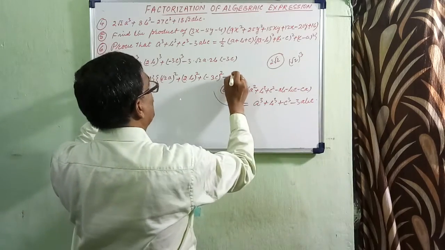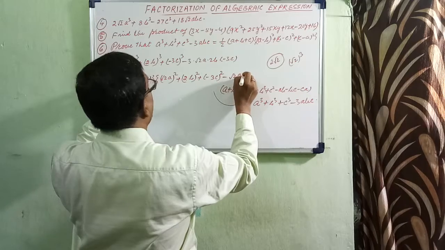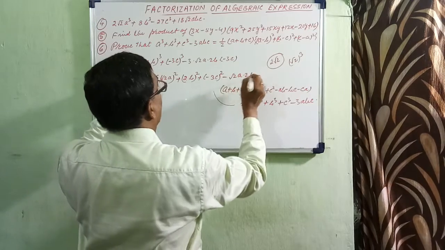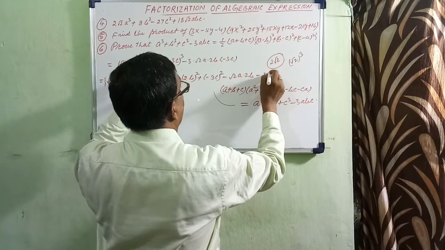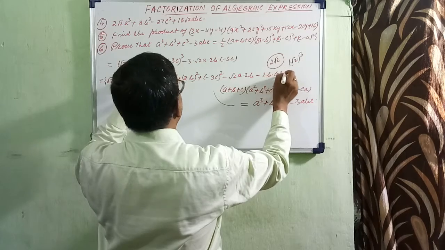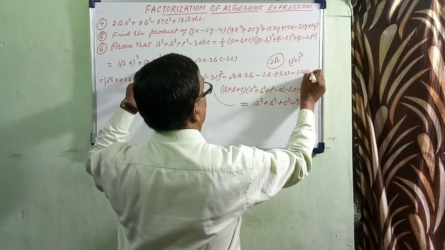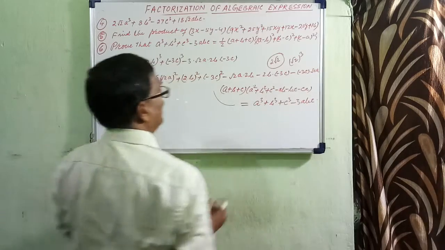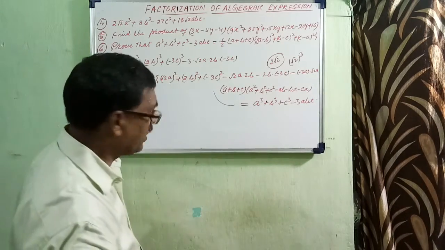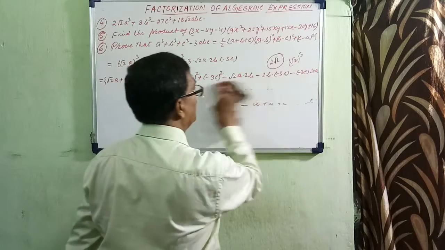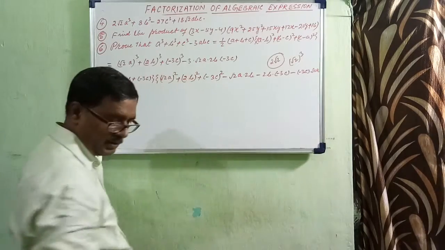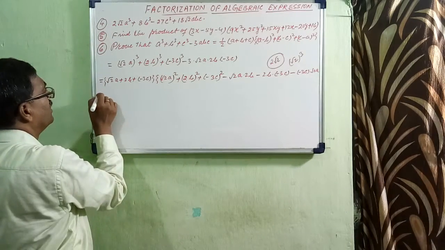A is root 2a into 2b, minus 2b into minus 3c, minus 3c into root 2a, and after that you can just write down the answer. What is that?